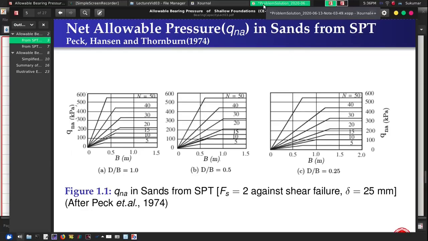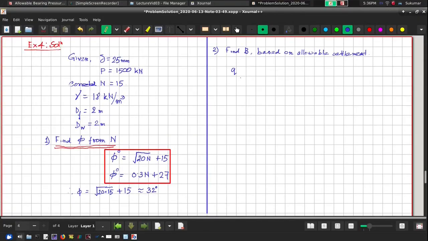So for D_F by B equal to 1 and N equal to 15 from Peck etc. we get QNA, actually net allowable pressure, is equal to approximately 150 kilopascal.